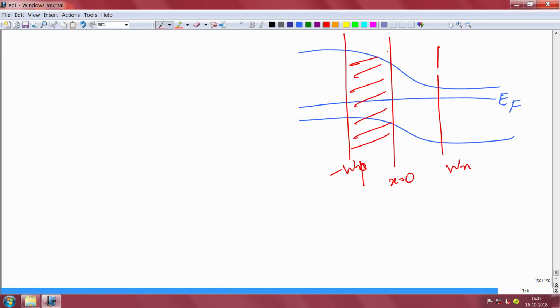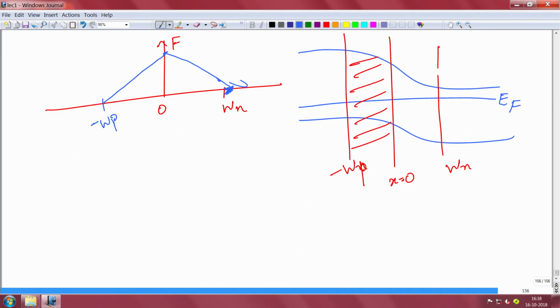I can solve the same thing and I will get again a field profile. This is x equal to 0, this is x equal to Wn. The field is maximum here, and it linearly decreases to 0 here at x equal to Wn. Similarly, on the p side at minus Wp, it will start from here with the same value and reduce to 0 here.